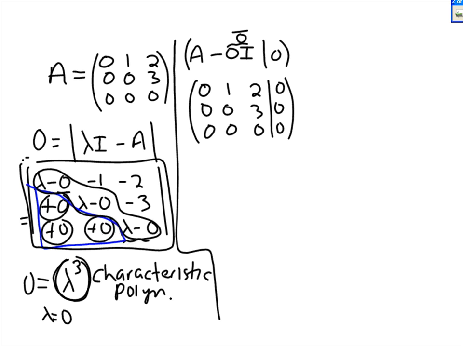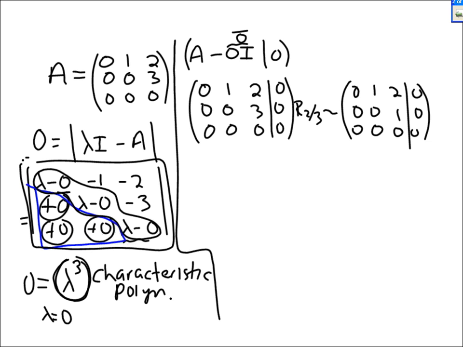The first thing I would do is divide row 2 by 3. I get 0, 1, 2, 0; 0, 0, 1, 0; 0, 0, 0, 0. And then for row 1, I can kill this off by taking away 2 row 2's. I'm going to do row 1 minus 2 row 2's.